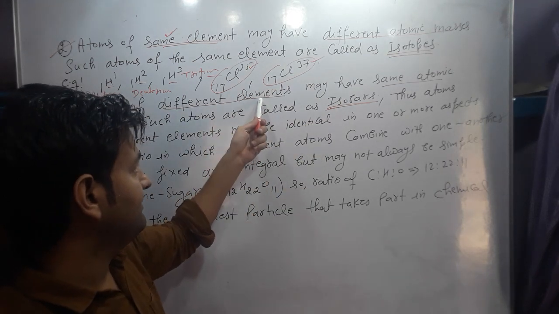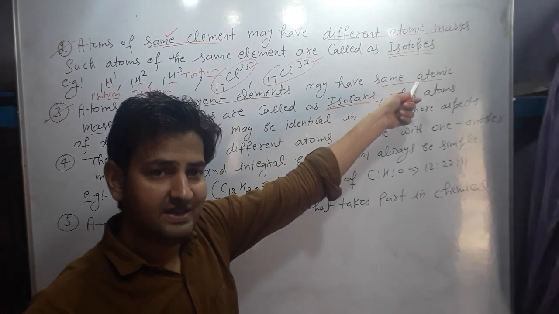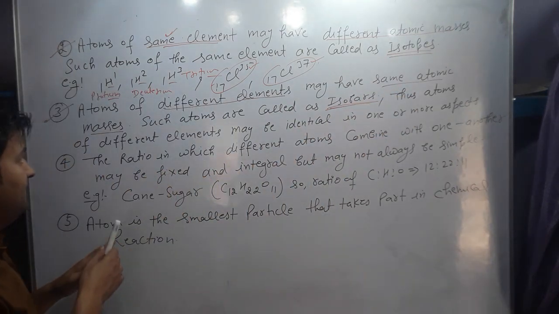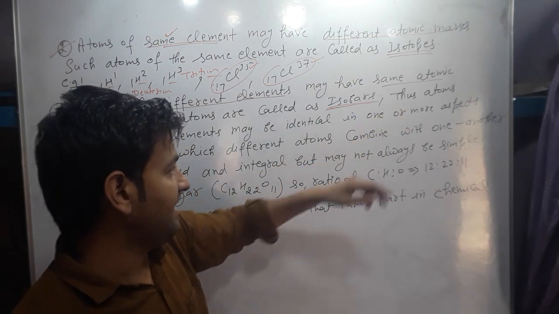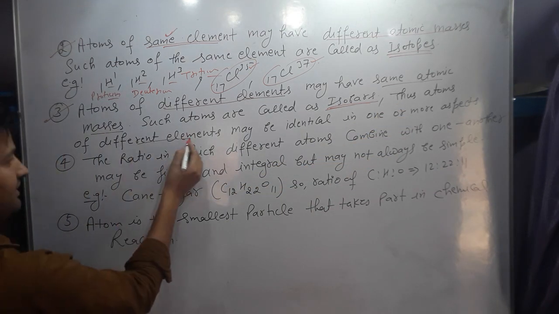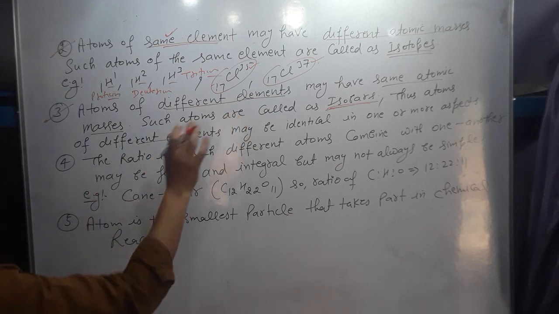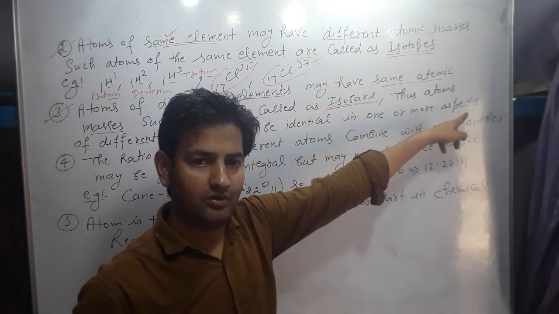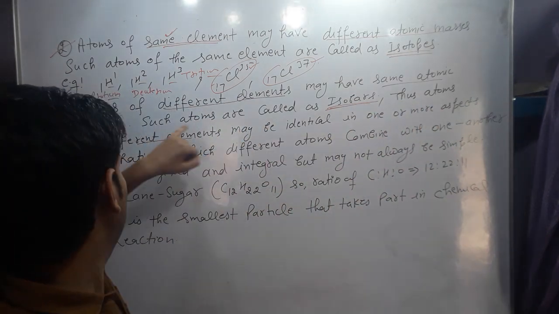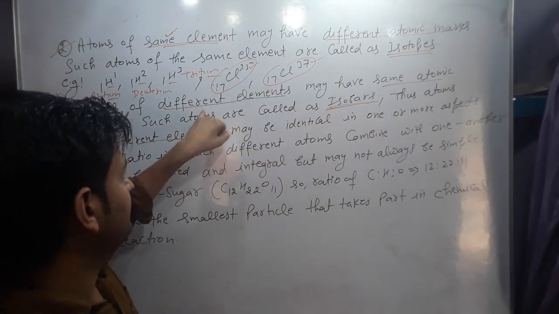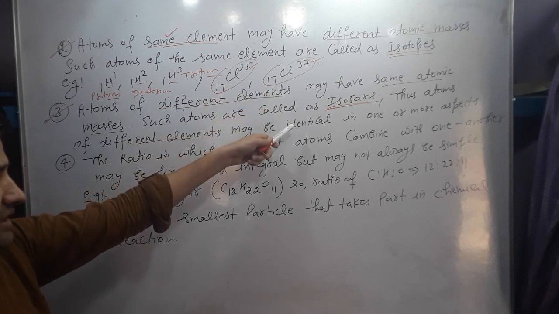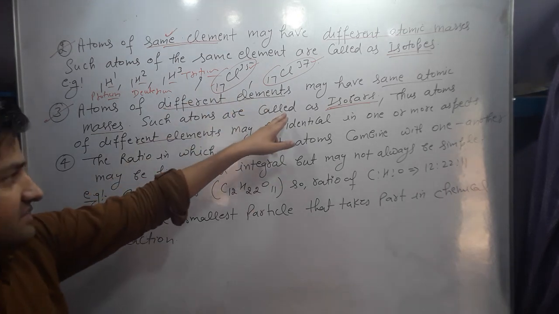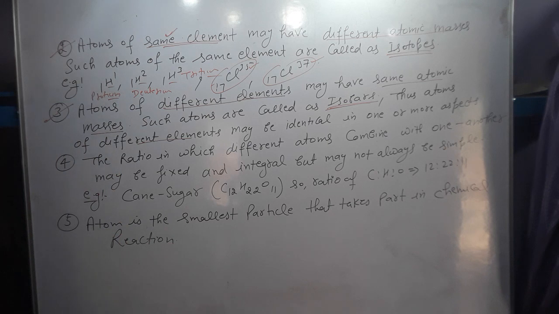Means atoms of different elements which have the same atomic mass. Thus atoms of different elements may be identical in one or more respects. Different elements have the same atomic mass. We can see that the atomic number will be different but the mass will be the same. Such atoms are called isobars.